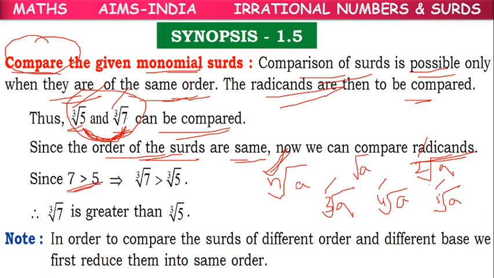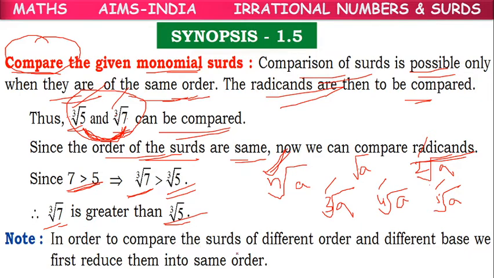We know that 7 is greater than 5. So cube root of 7 will also be greater than cube root of 5. If the order is the same, the comparison between the integers works out for the surds also. Cube root of 7 is greater than cube root of 5.